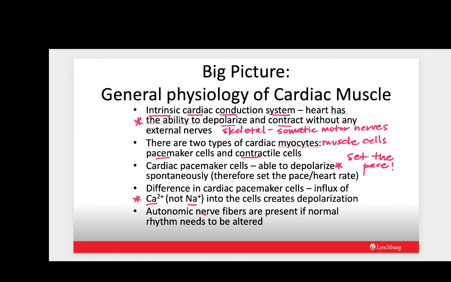We do have autonomic nerve innervation through sympathetic and parasympathetic input to the heart if the normal heart rhythm needs to be altered in some way. So it does have oversight, but it does have the ability to contract without nerves telling it to.